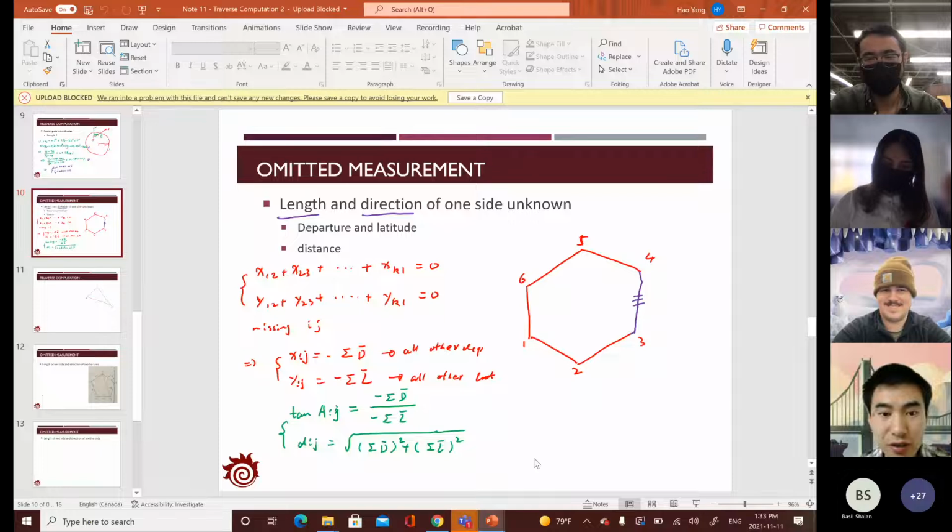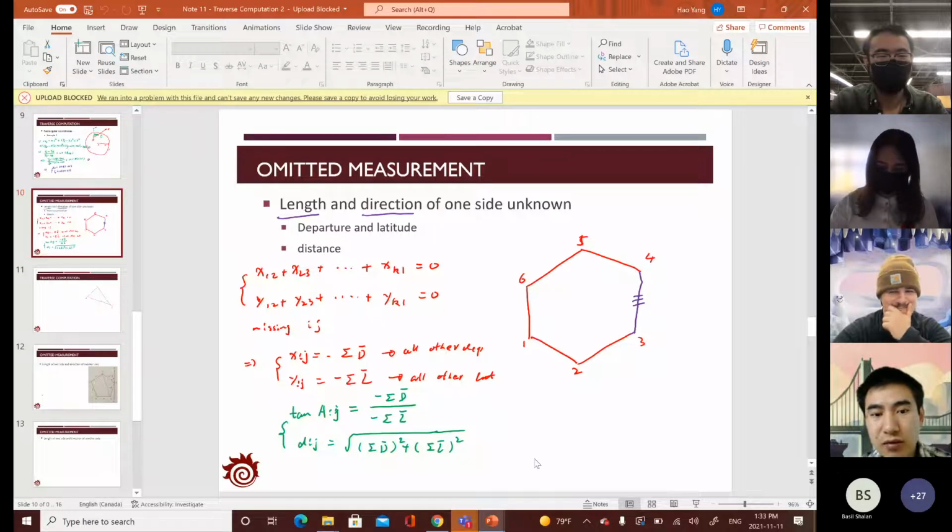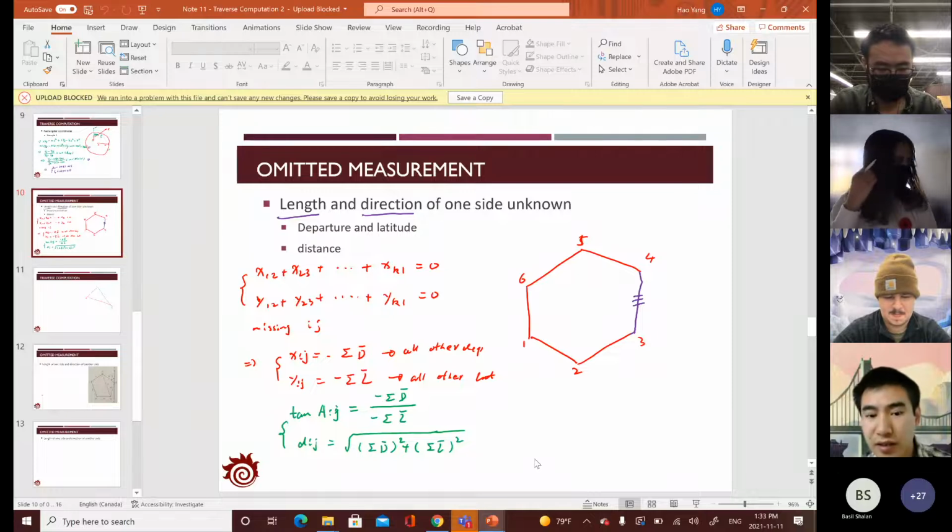So for the first situation, the length and the direction of one side is totally missing. So we can use the departure and latitude of all the other sides to find out the departure and the latitude of the missing side, and also identify its length and direction.